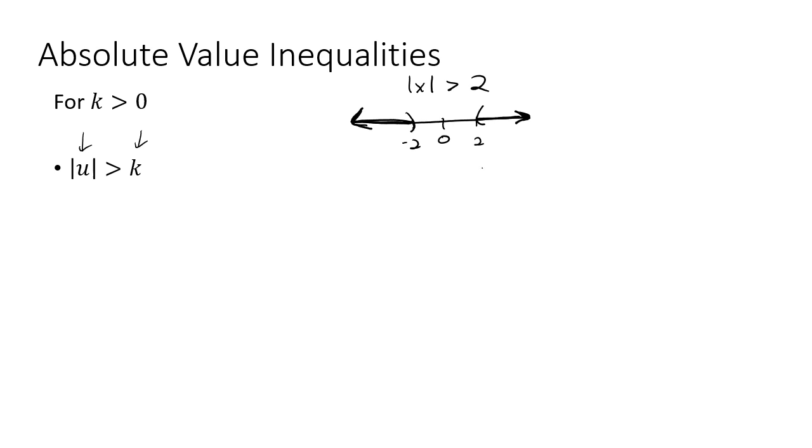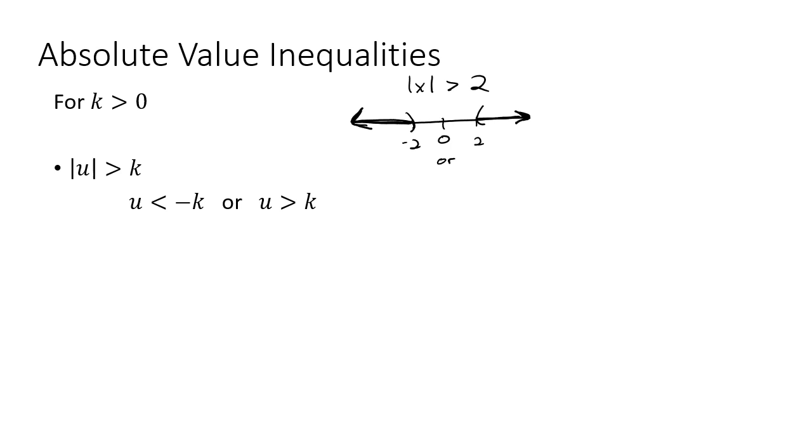And so it is distance beyond the positive and negative version of whatever k is. And so this ends up being an or compound inequality. So we say that u is less than the negative version of k, or u is greater than the positive version of k. And again, if you're ever confused as to what the setup is, think about what it means. Absolute value is distance. This is distance greater than k, further away than k.